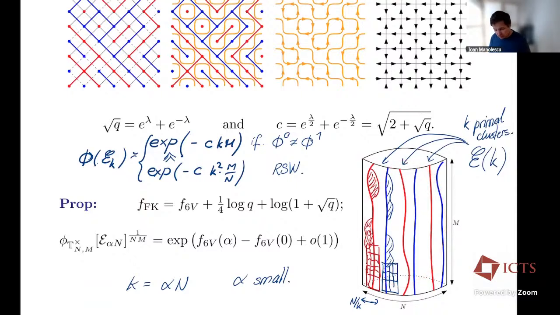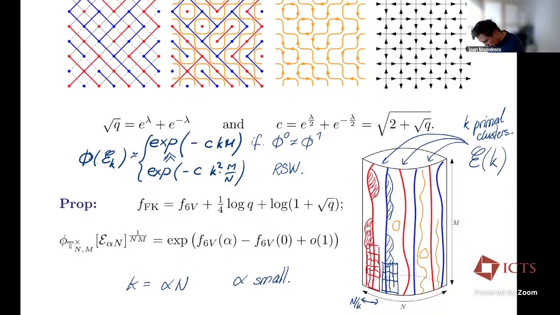Why is that? Well, let's look at the representation in loops of a configuration of this type. Okay, so how does this look? Well, there are obviously small loops here, like this, but there are loops that go between the red and the blue.